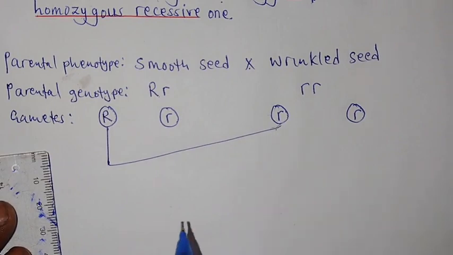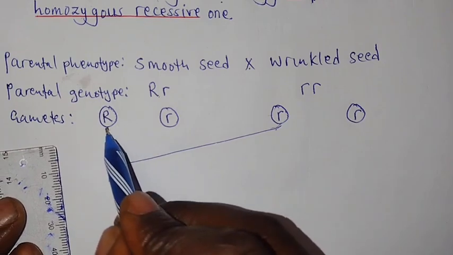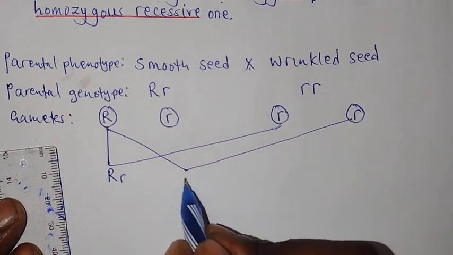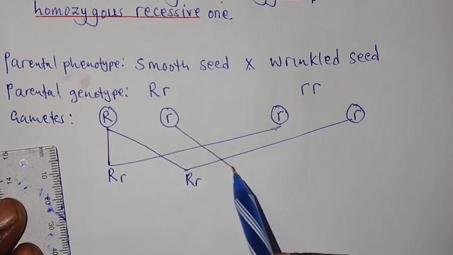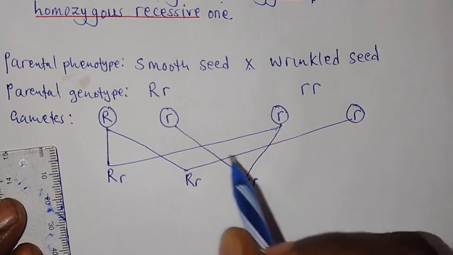So we have Rr. Again, you can cross this one with this one, and again we have Rr. We are done with this one. Come to this one: you can cross it with this one, and you are going to have rr.